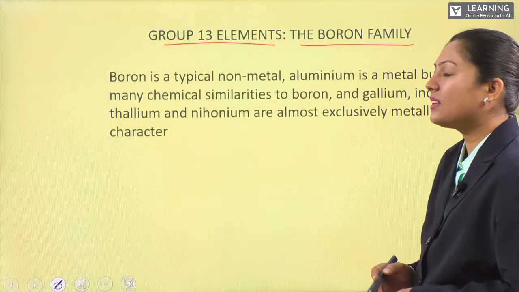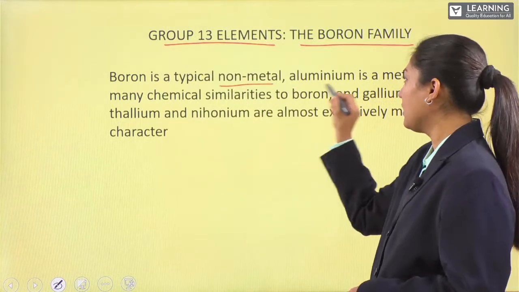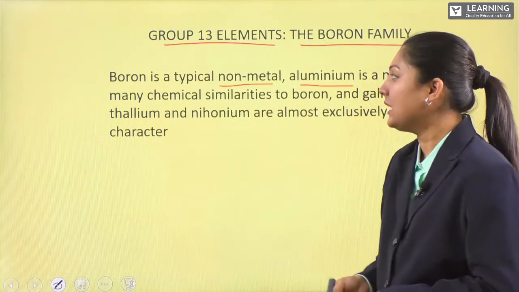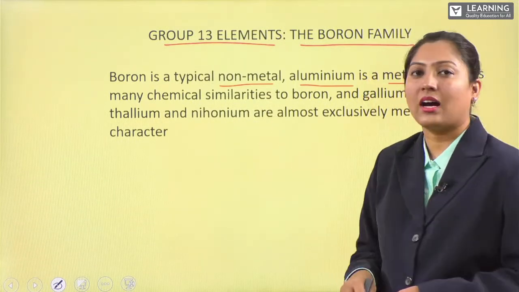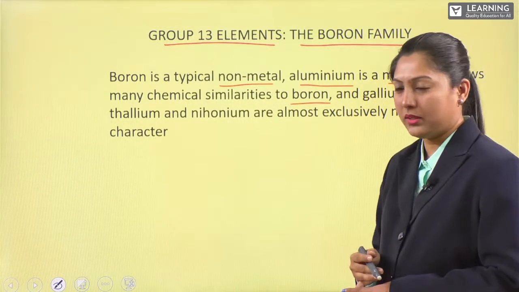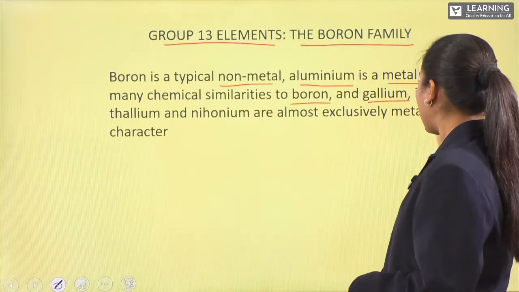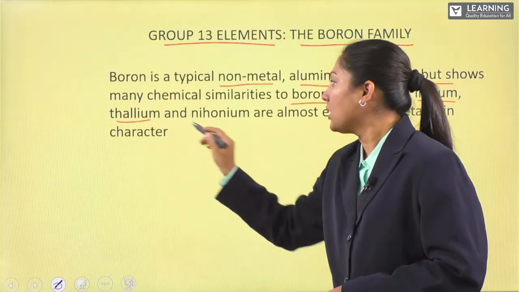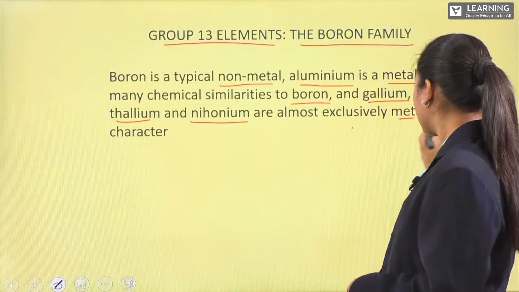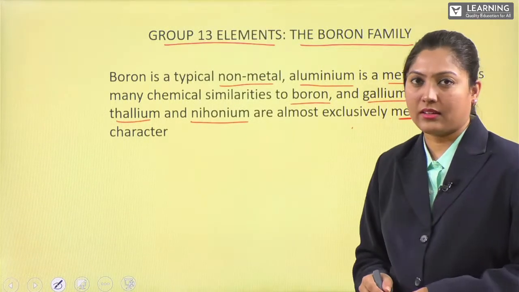Boron is a typical non-metal and aluminium is a metal, but there are many chemical similarities between boron and aluminium. Gallium, indium, thallium and nihonium are almost exclusively metallic in character.